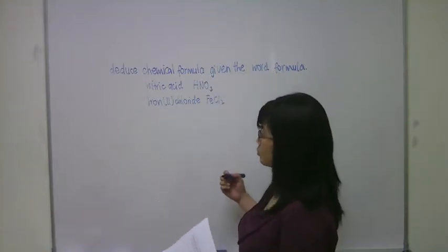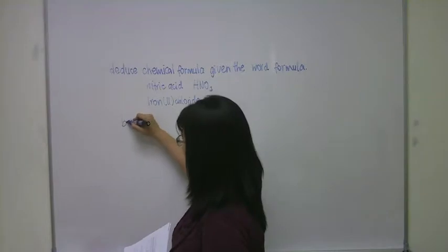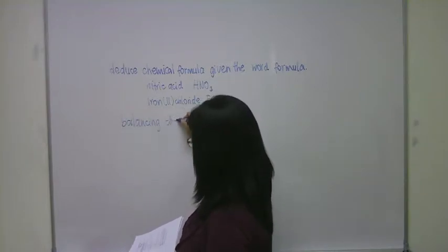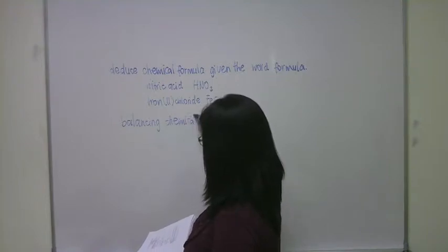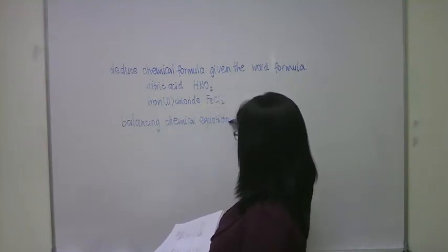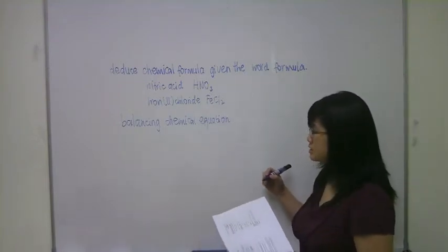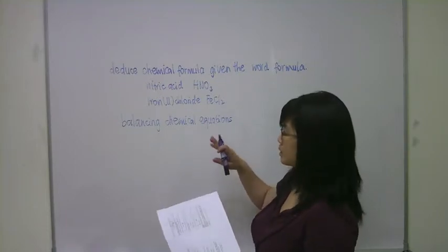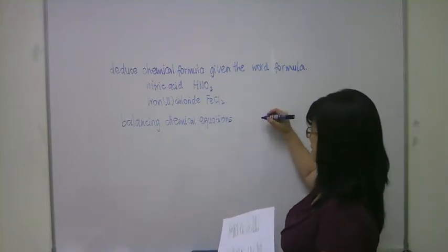The next thing that they need to be able to do is balancing equation. For normal chemical reactions, they should have done it earlier. But in IB, there is one part that is probably new to them.